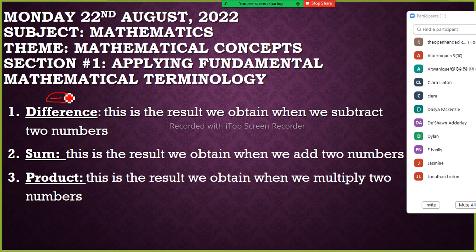When we hear sum, I want us to think addition. When we hear product, I want us to think multiplication. For difference, think subtraction. For sum, think addition. For product, think multiplication.